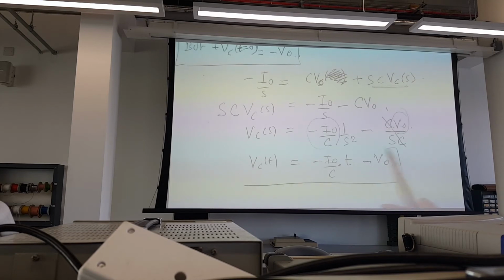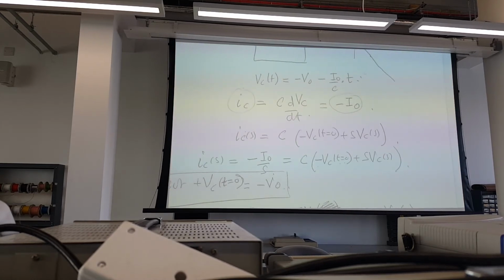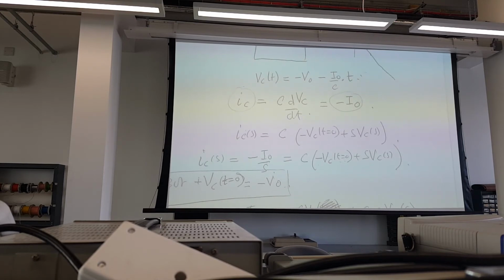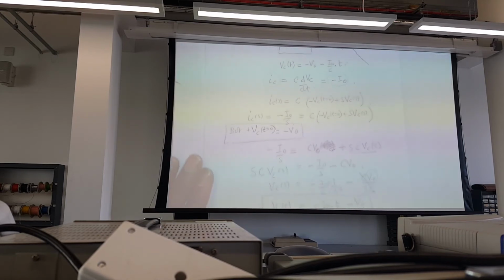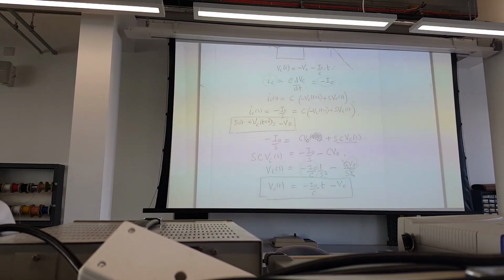And that equation is the same as that equation here at the top. Zoom out. That's doing all the mathematical steps.